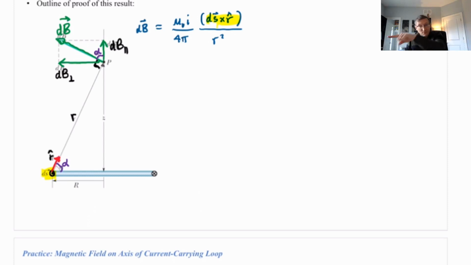All right, now that's just the dB at point P from that one little element of the loop, but I've got a whole bunch of them because I have to go all the way around the loop once. It's convenient then to consider the diametrically opposed element exactly across the diameter on the other side of the loop, which would have the current going away from us into the screen, ds, and the corresponding r distance. The point P would be that.